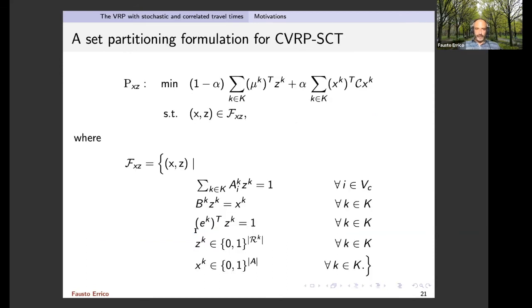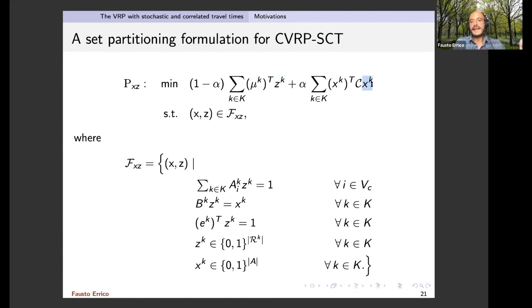So this is a formulation, a vectorial formulation. Let's go through it very briefly. We have two sets of variables. The first set are 0-1 variables related to routes: 0 or 1 depending on whether vehicle K chooses a certain route or not, and we attach to this the average travel time.